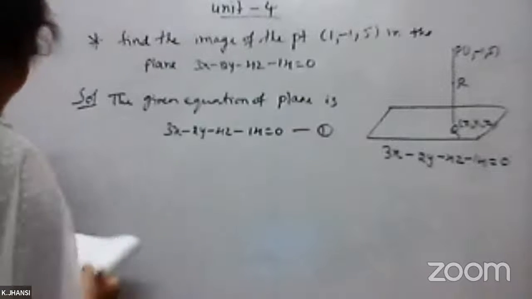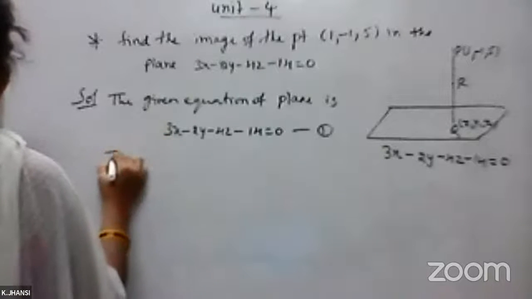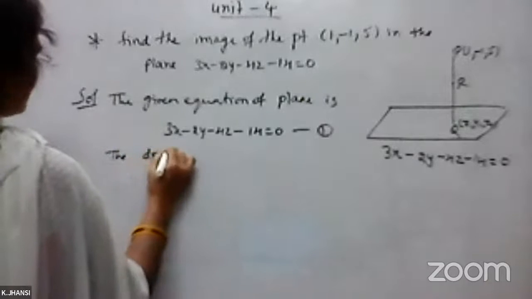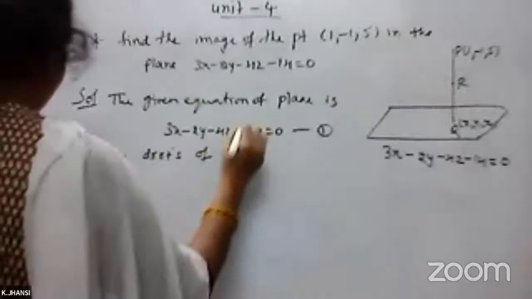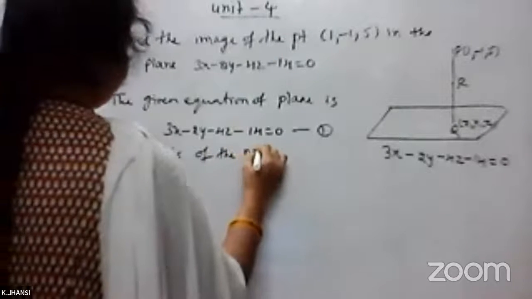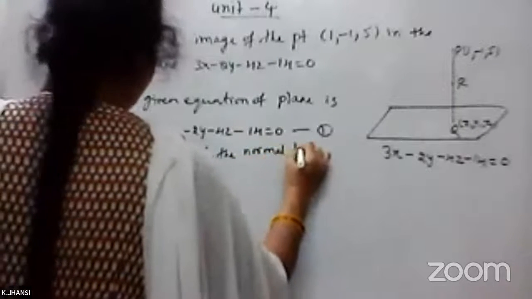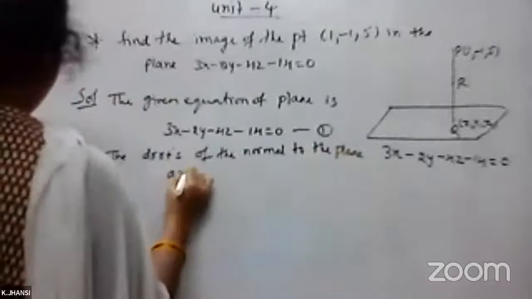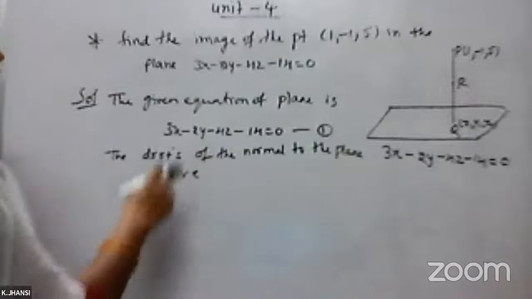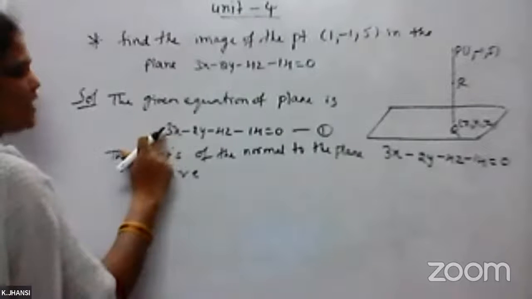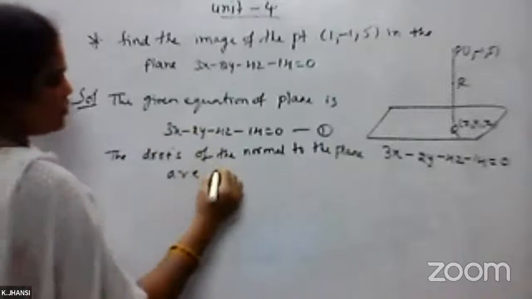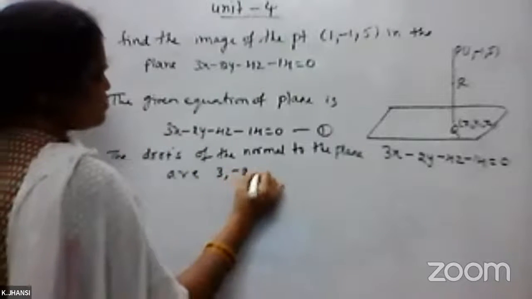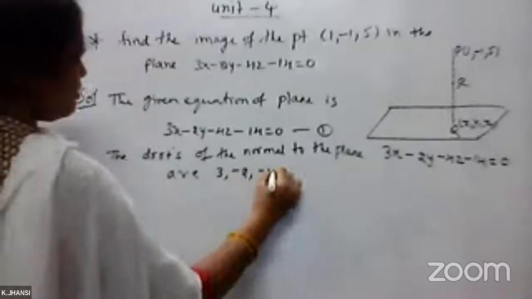After that you write the direction ratios of the normal to the plane. What are the direction ratios of the normal to the plane? 3, -2, -4. Okay.